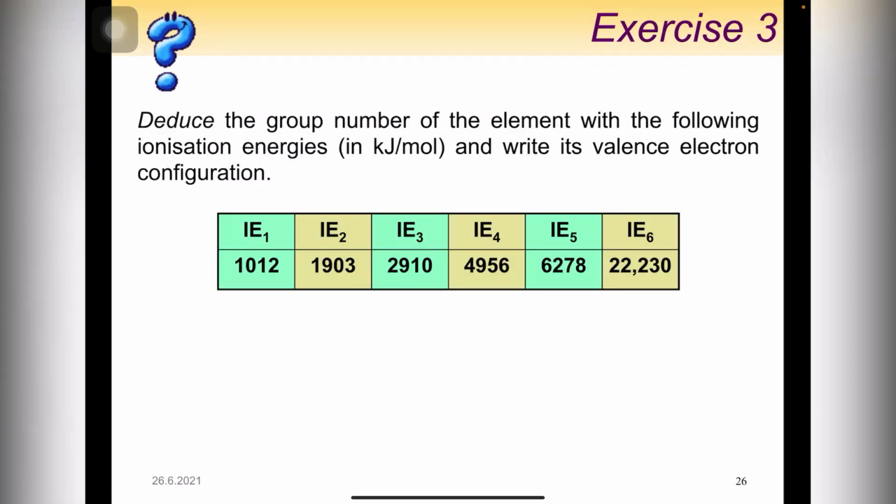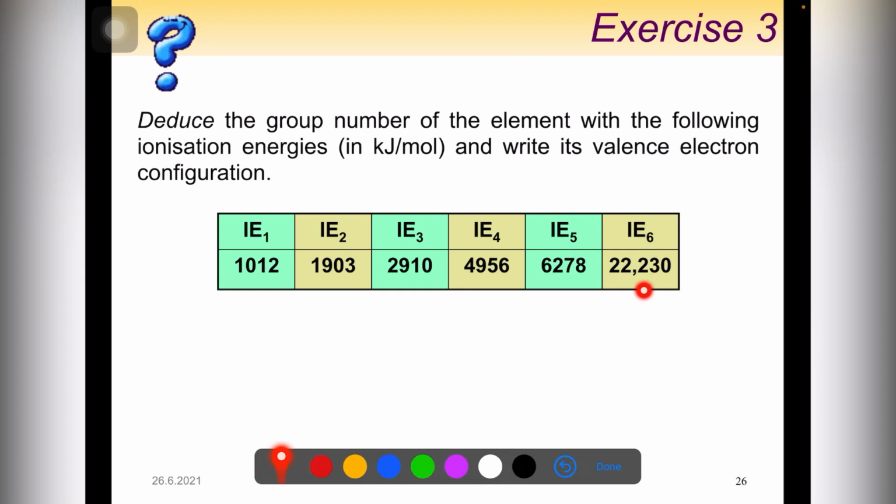Okay, exercise 3. For this one, you need to deduce the group number and the valence electrons. The sudden increase occurs between the 5th and 6th electron, so it shows this is the energy for the inner electron.